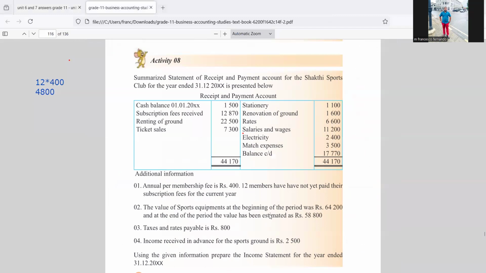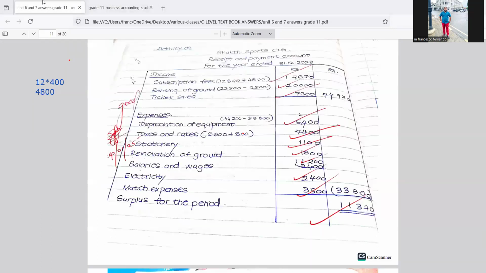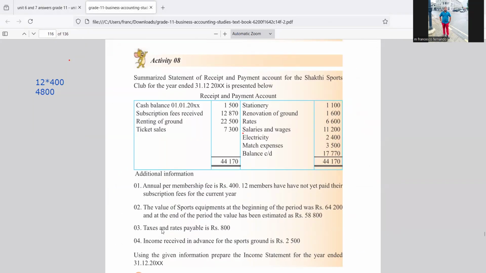The value of sports equipment at the beginning of the period was 64,200 and at the end of the period it is 58,800. So the difference is depreciation. Tax and rates payable is 800. So you can see in the question rates are 6,600. So you know payable should be added.